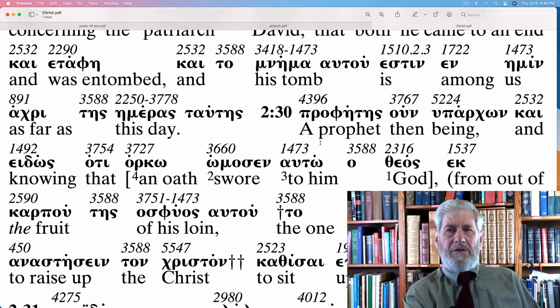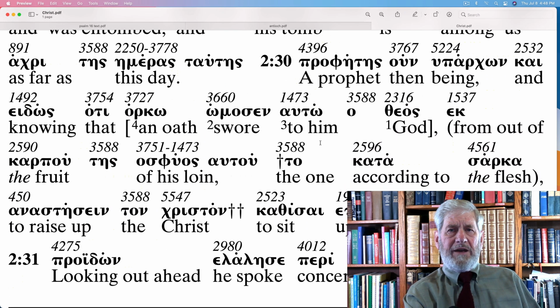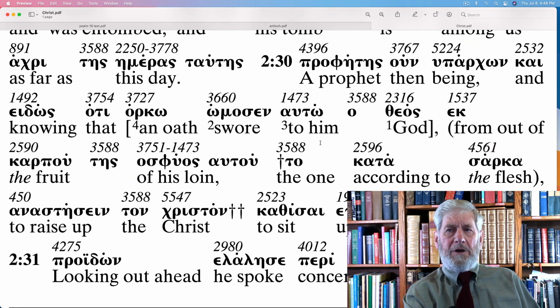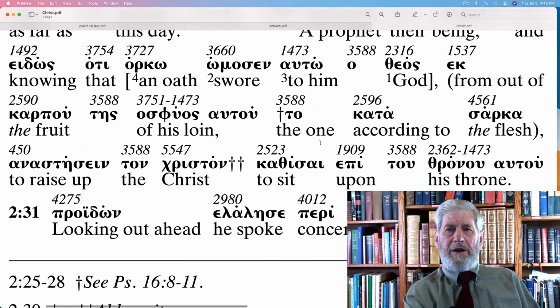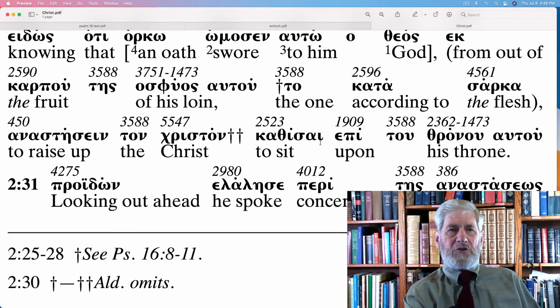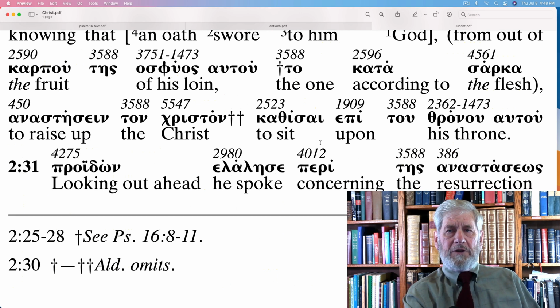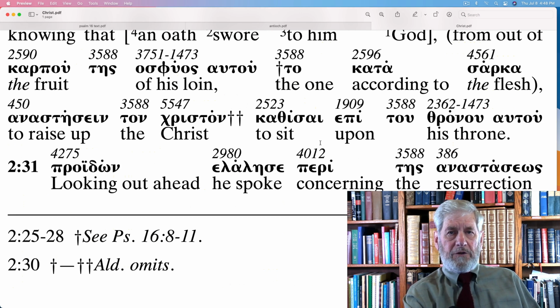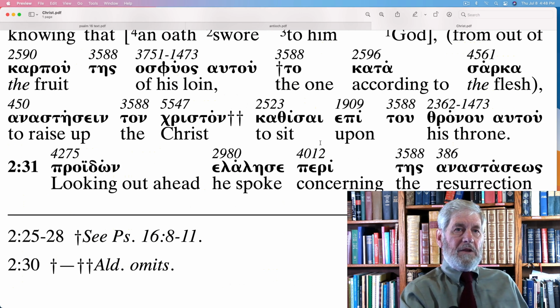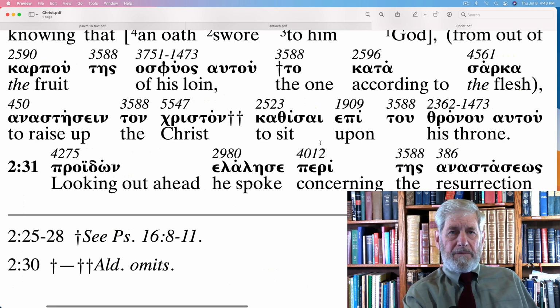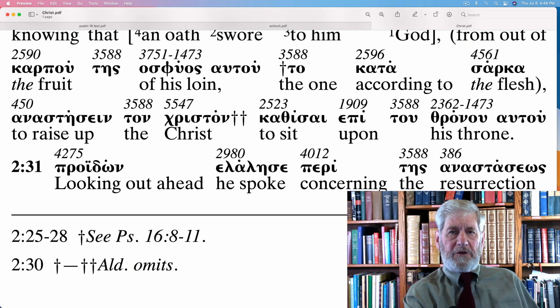A prophet then being, and knowing that God swore an oath to him from out of the fruit of his loin, the one according to the flesh, to raise up the Christ to sit upon his throne. So these quotations in Psalm 16 are used as the proof that Jesus is the Messiah coming. He will be raised from the dead, not seeing corruption.